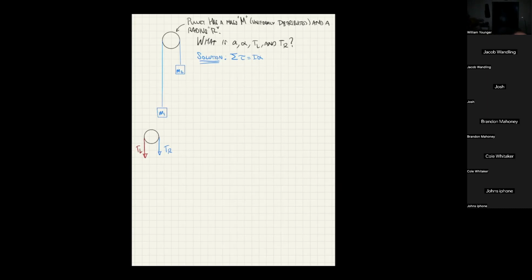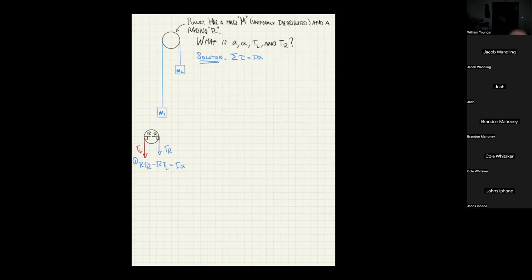We should recognize that this distance right here is R, and this distance is also R, and that these forces are perpendicular to the lever arms. So I can get R times T right minus R times T left is equal to I times alpha, and that's going to be equation 1.